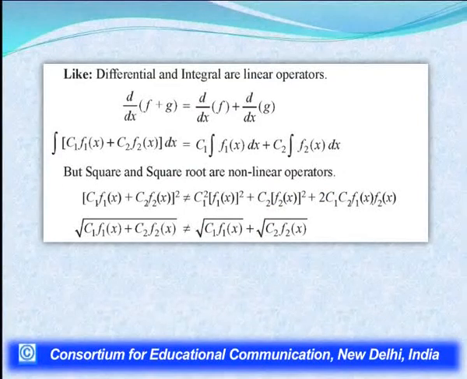Similarly, if I take the square root of it, if I have a function c1 f1(x) + c2 f2(x) and I have to take the square root, then we have to take the square root of the whole expression. Suppose I have to take the square root of 2 plus 5. The answer is never ever the square root of 7, it is something different.